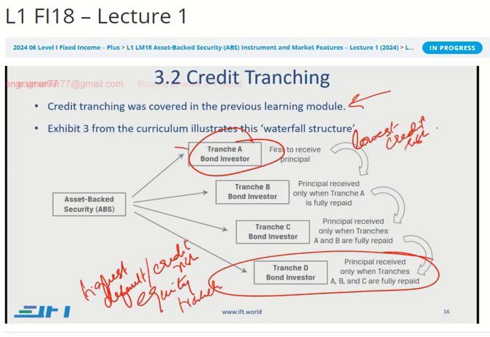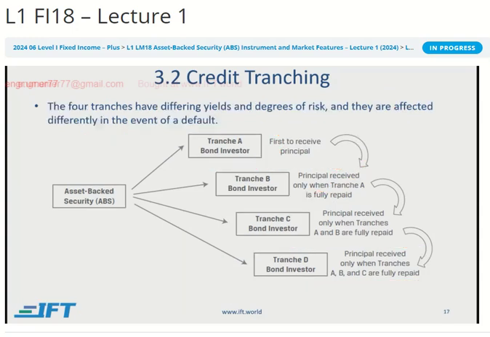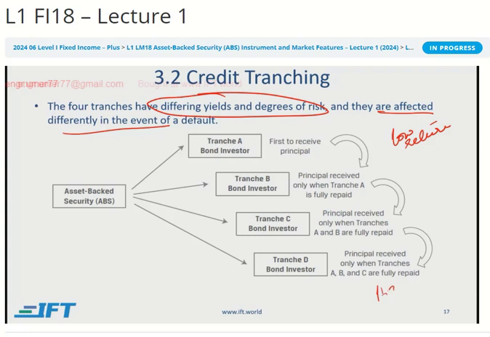But this faces high, what does it face? High prepayment risk. It does face high prepayment risk, right? And these will be your mezzanine tranches, right? So obviously they are affected differently in the case of a default, and therefore they have different risk and different yields. This will have a low return, low yield. This will have a high yield.